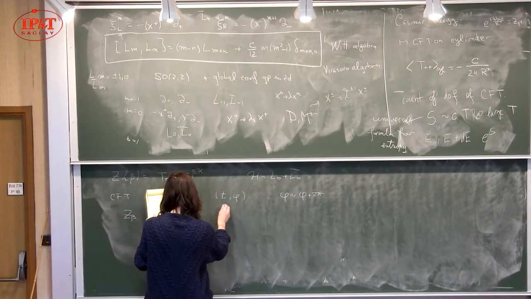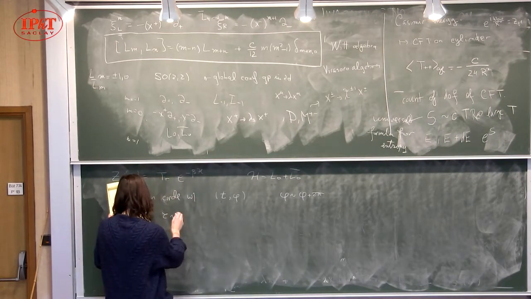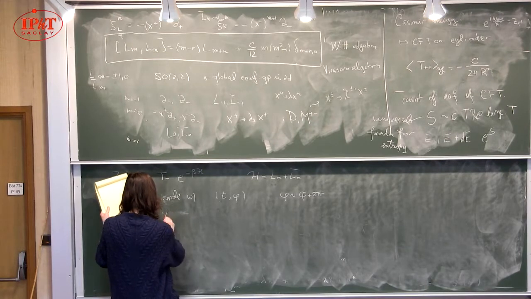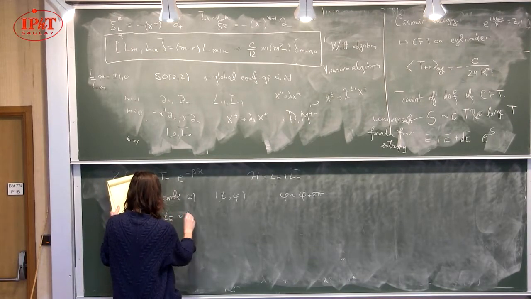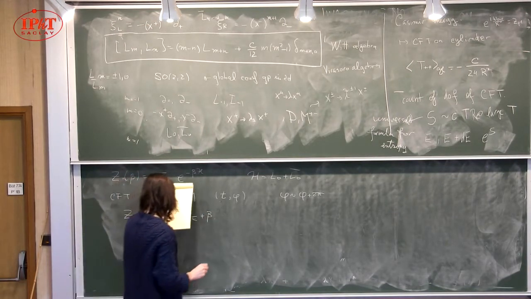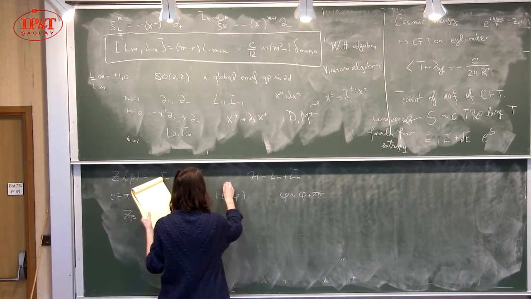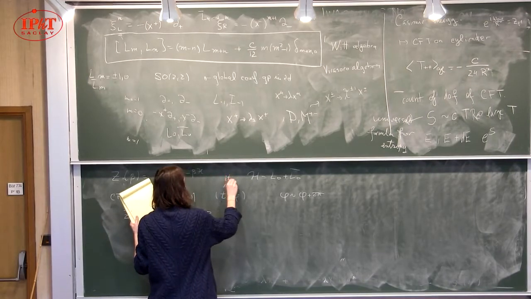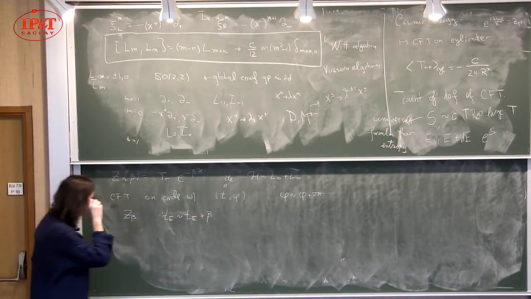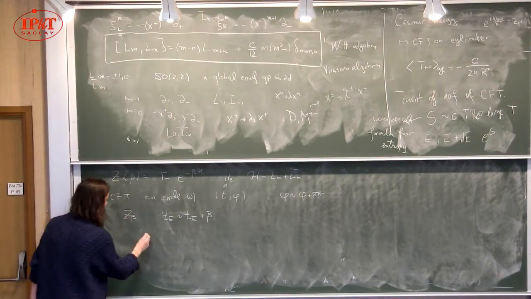Tau is i beta, t Euclidean plus beta, and t is i times t Euclidean. So I'm computing some CFT path integral.